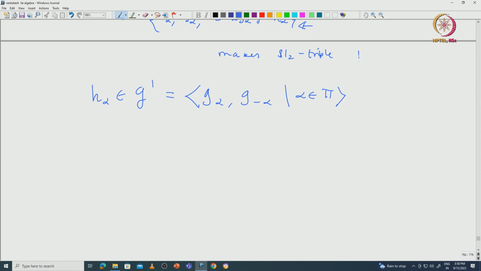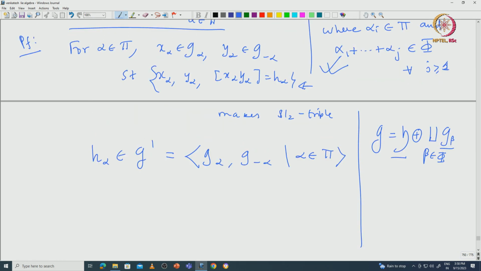So, recall we already have this decomposition of G as root spaces. So, G is nothing but H direct sum G beta, where beta is coming from phi. So, to prove that G dash is exactly G, we need to prove that H is inside G dash, as well as G beta is inside G dash for all beta in phi. So, from this already we can see that the bracket of x alpha, y alpha is H alpha.